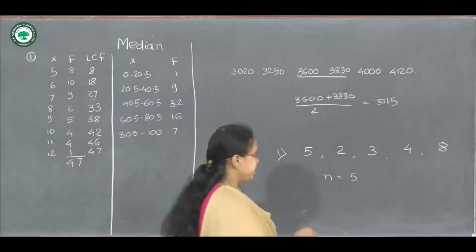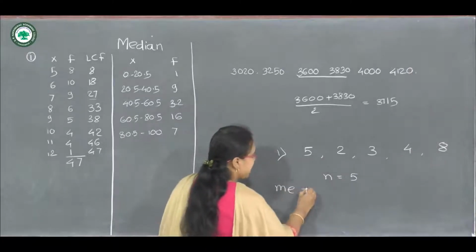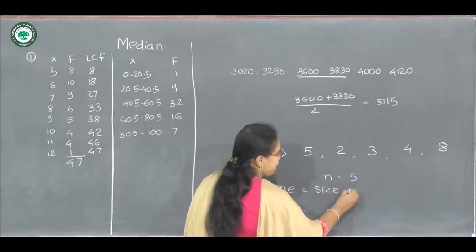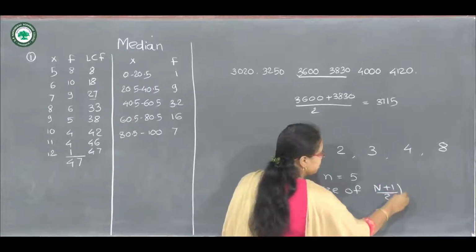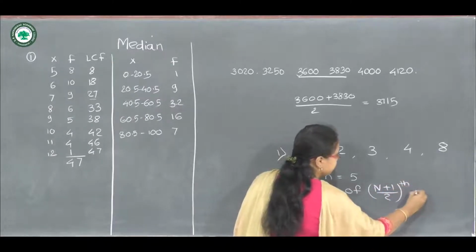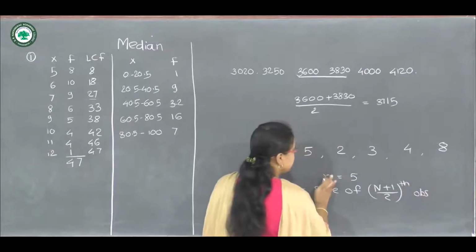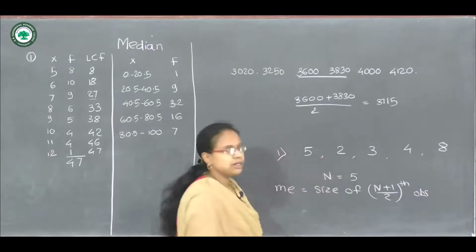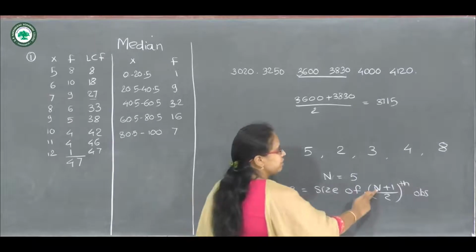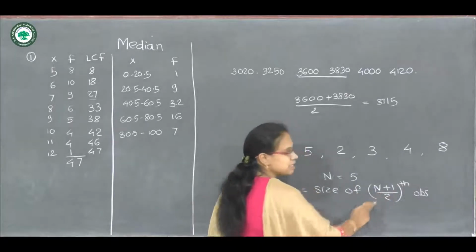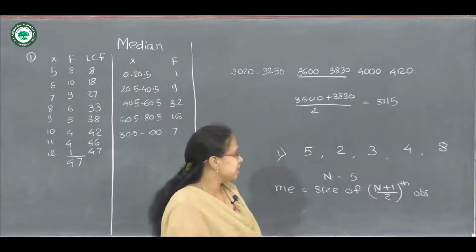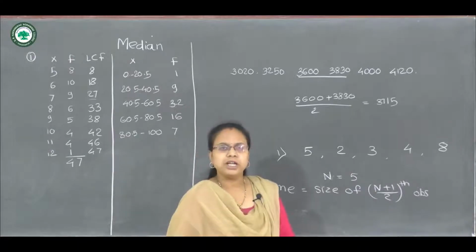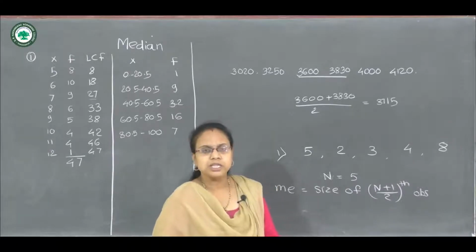Then we can obtain the median as the size of (n plus 1) upon 2th observation. Here N is capital. So n is 5, so 5 plus 1 is 6, upon 2 means the third observation in the given data set after arranging the observations in ascending order.